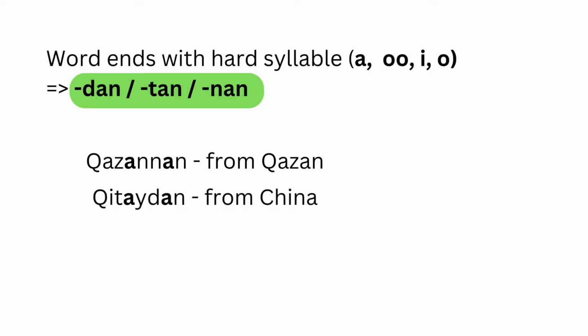If the last syllable of the noun is made with a hard vowel, like u, a, and so on, we need to add the hard version, like don, ton, and non. For example, Kazan non. A is a hard vowel. Kıtay'dan, Kıtay, China. A is a hard vowel, that's why we added don at the end.